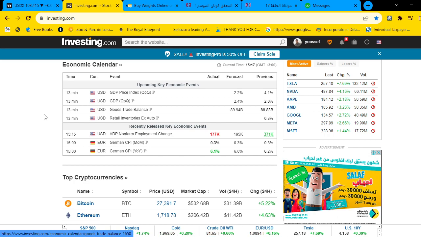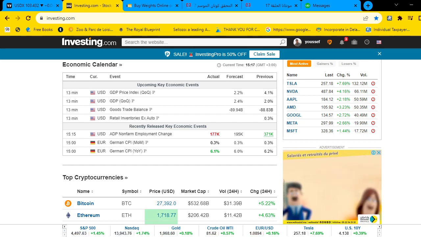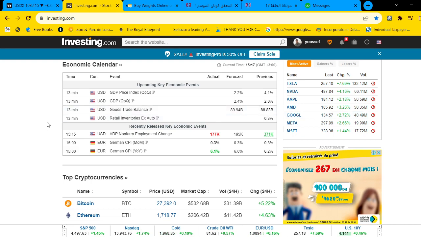The economic calendar has some important releases, such as the GDP and goods trade balance, which play a big role in the volatility of the market in both the forex and the futures market. So we'll wait and see.